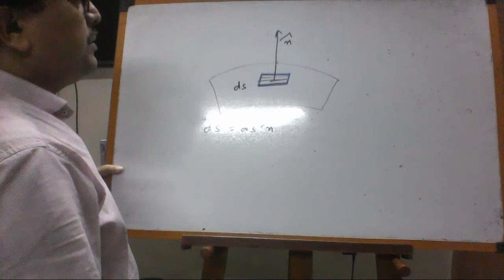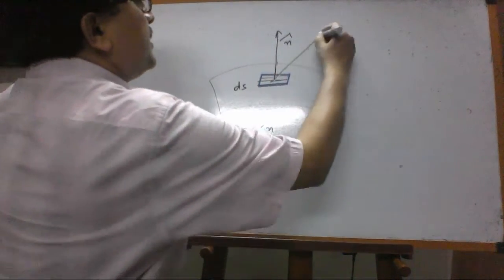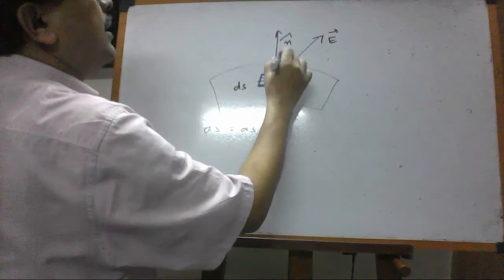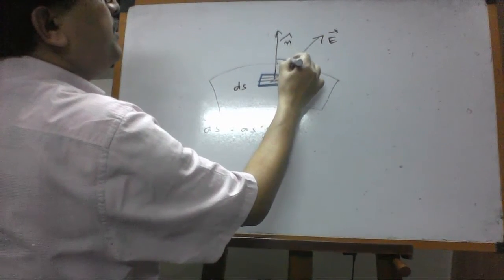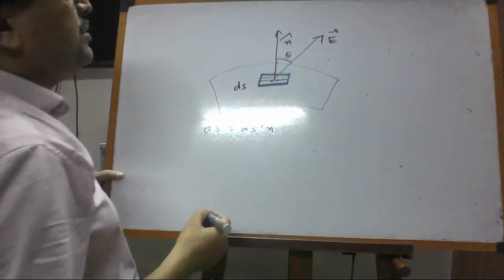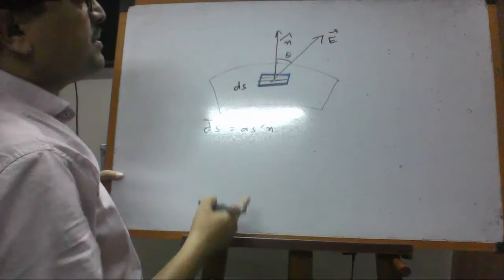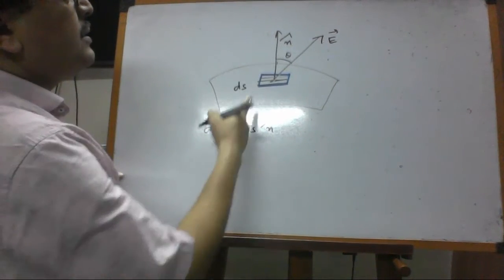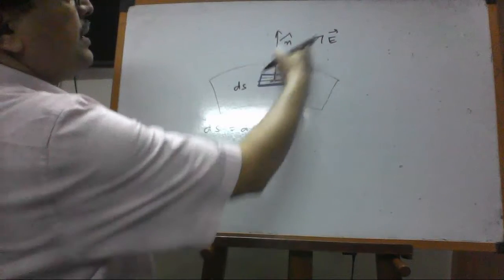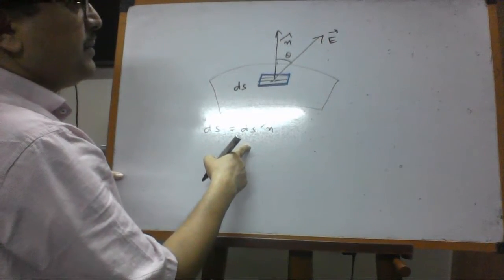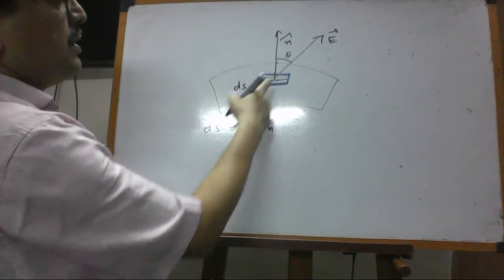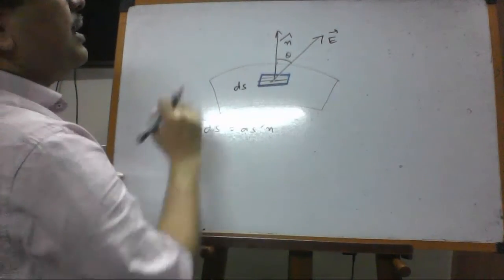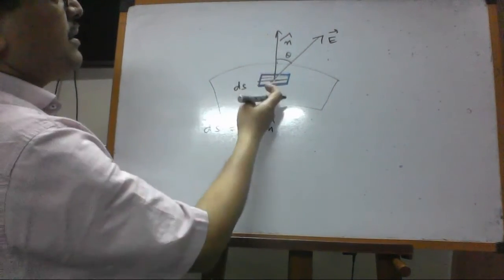Now, suppose electric field in this region is directed this way, E. The angle between these two directions is equal to theta. These two directions mean the direction of E and the direction of n cap, and n cap is the unit normal drawn to the area. This is the small portion of the total area vector normal to it.